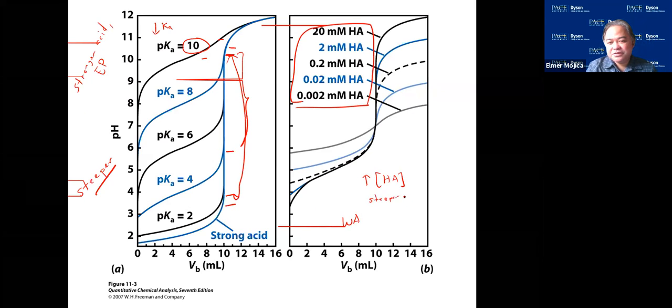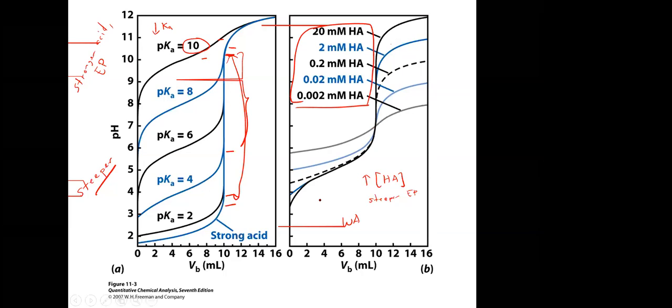The steeper is the equivalence point, because again, you could see 20 millimolar, the black one, compared with the 2 millimolar, which is this one. So would the one in the middle with 0.002 millimoles HA be the weakest acid?